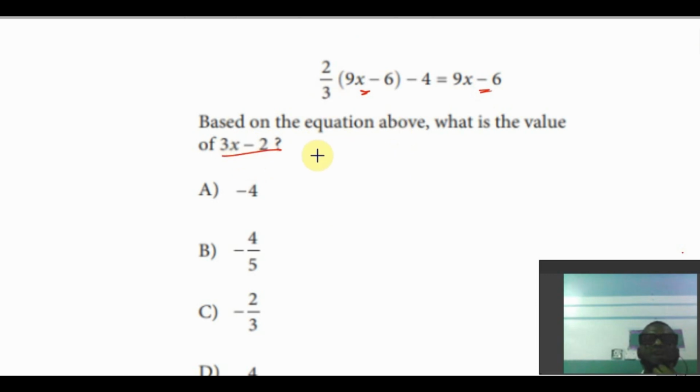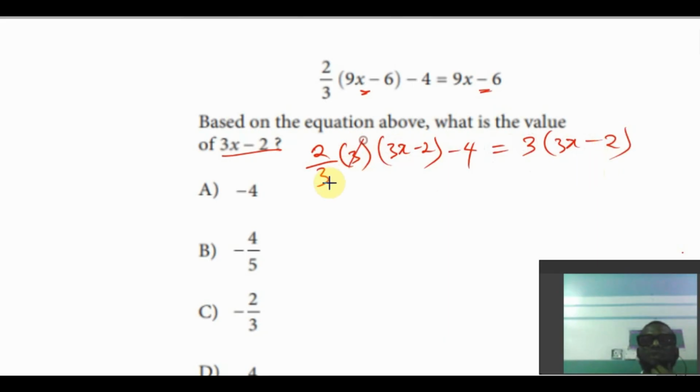So when I factor out 3, I have 2 over 3 into 3. I'm left with 3x minus 2, then minus 4 is equal to, I factor out 3 here, I will have 3 into 3x minus 2.